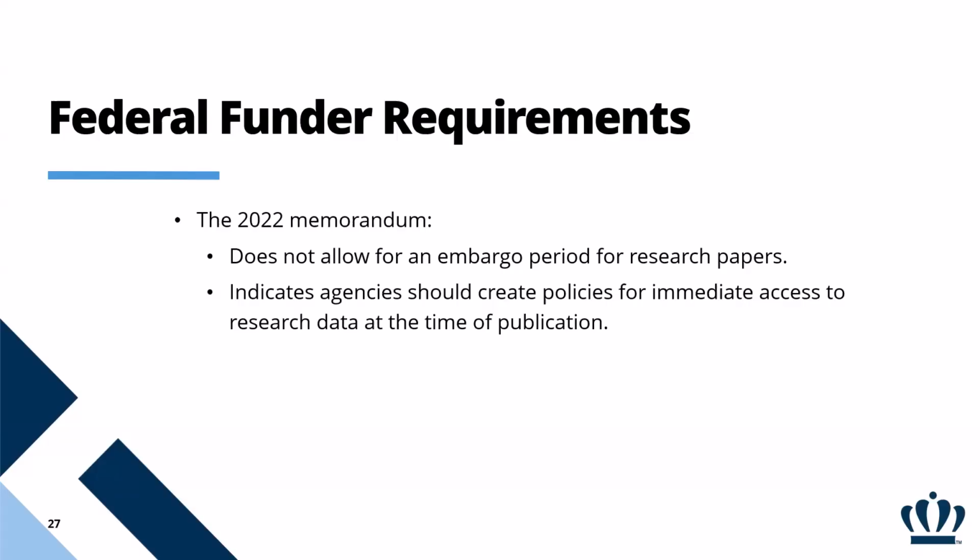There used to be a year period in there where you could publish an article and then make it publicly available. They've currently removed that. And then the data underlying the research papers must also be made available at the time that research paper is published.